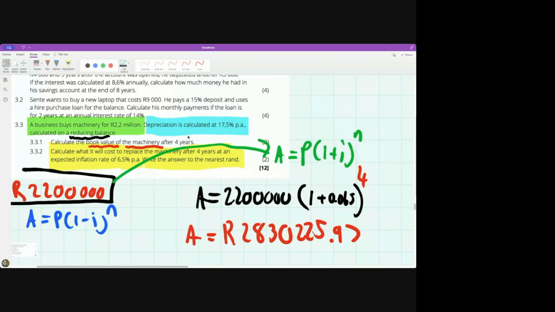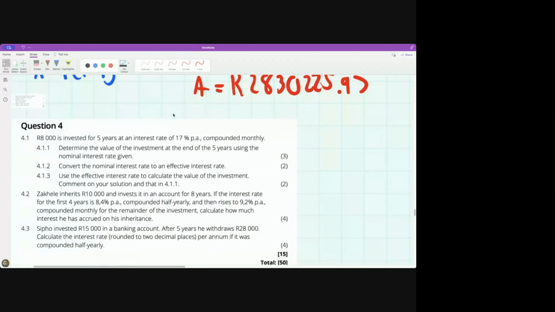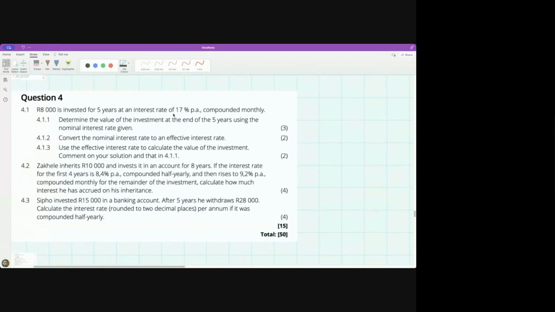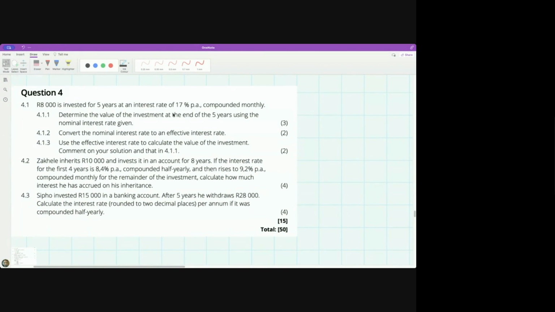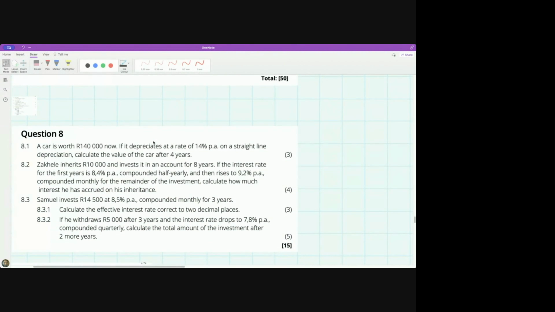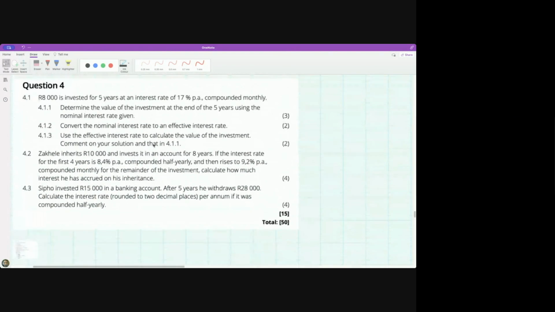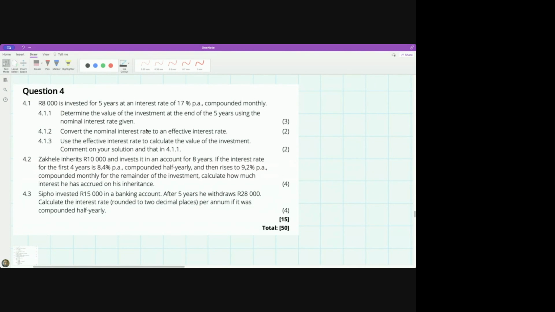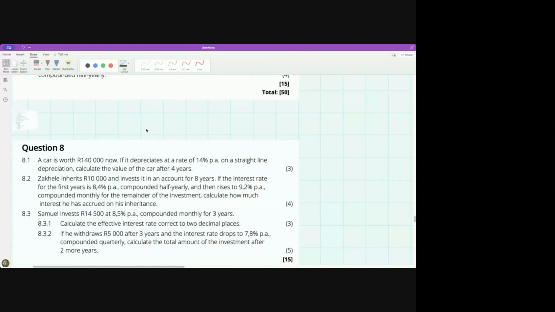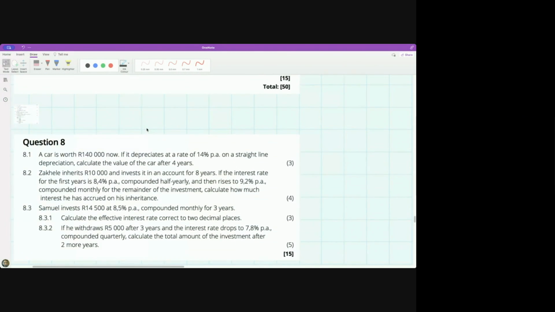Okay, let us do another one because you guys are doing so well here. Feel like you've got that one. Okay, well, let's do one more. Let's do 8.1, and then I think we've done depreciation, and then I'll go back to compound interest questions.